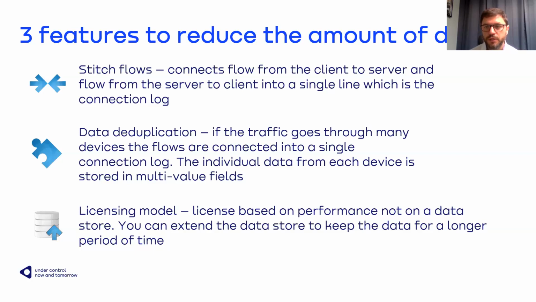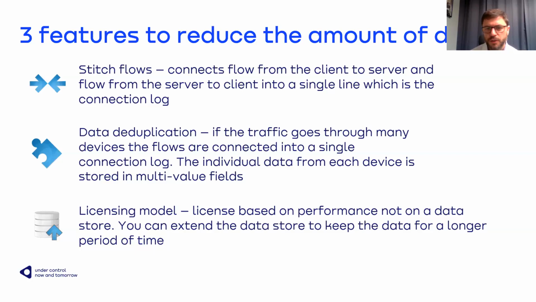So the deduplication doesn't mean that we are cutting the data and reduce the visibility of the network. It means that we can show the path of the traffic in the network. We can tell through which devices, through which interfaces the communication went through, and help you analyze the data.